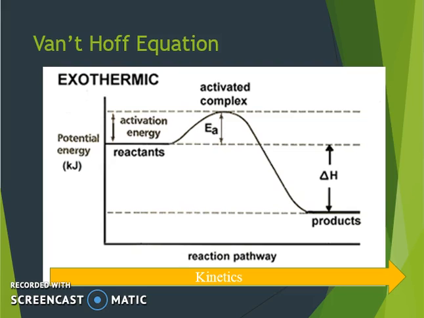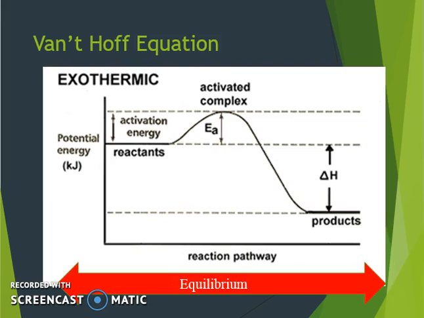As part of that equation, you're able to calculate or insert the activation energy. The difference in equilibrium is that our reaction can travel in both ways, from reactant to product, but also from product to reactant.